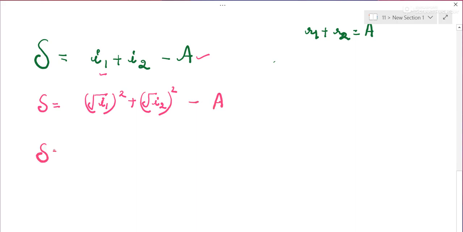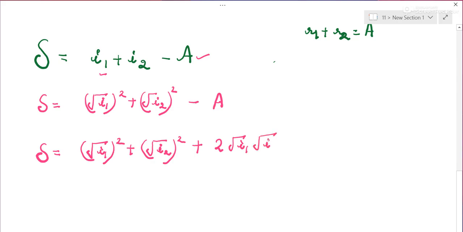Then delta we are picking up. This is root I1 square plus root I2 square plus twice root I1 root I2 minus A.